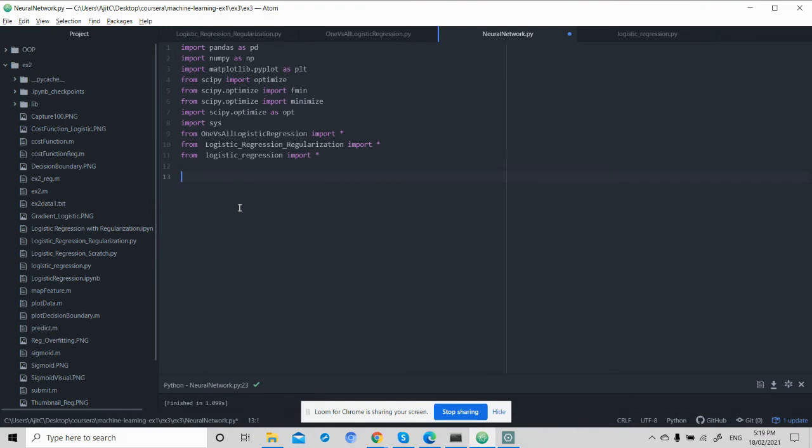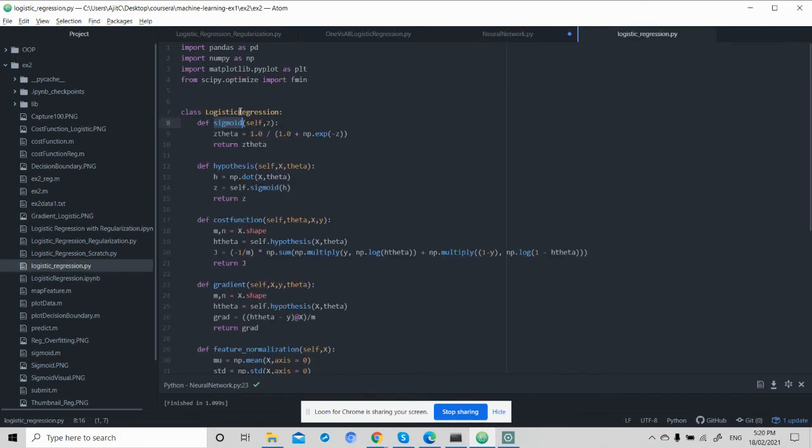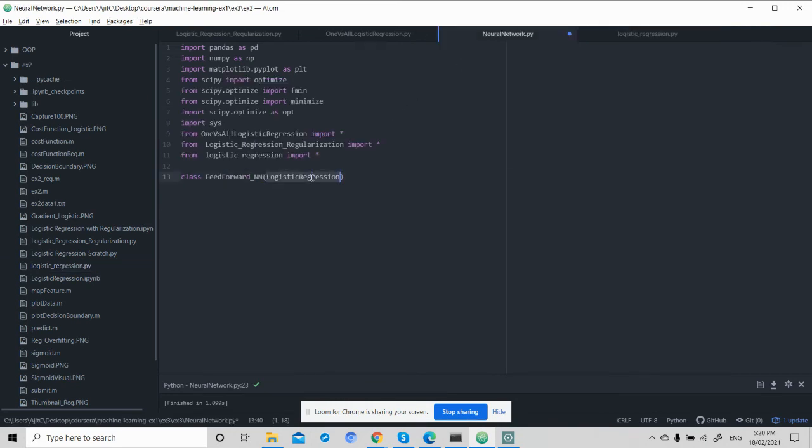So now let's create a class to implement feed-forward propagation. My class name will be feedforward_nn. I will pull my classes from logistic regression because I need to use the sigmoid function of my logistic regression. So I will pull this class into my main class.